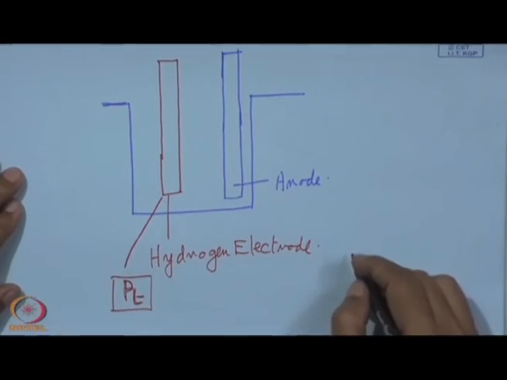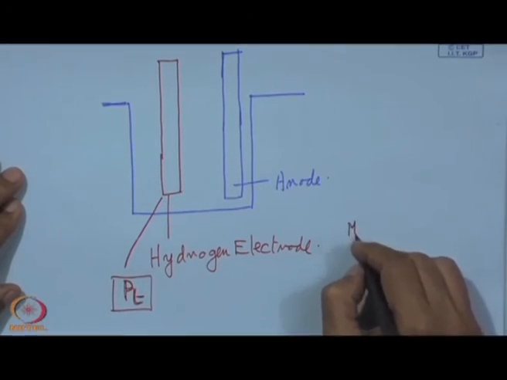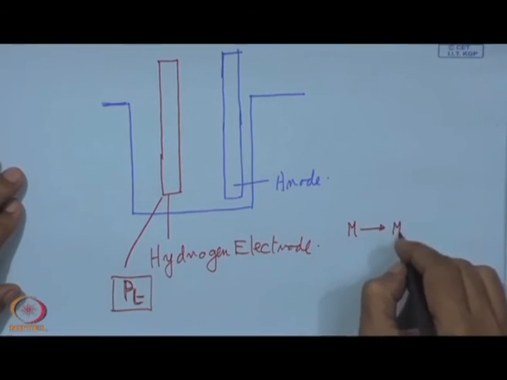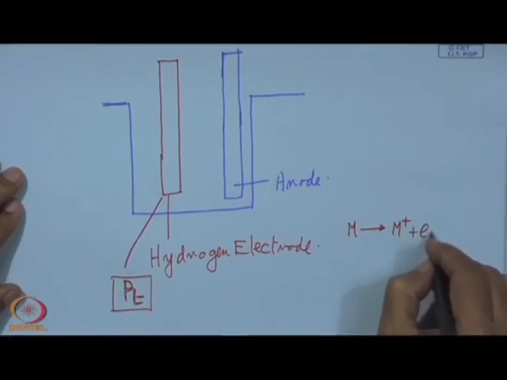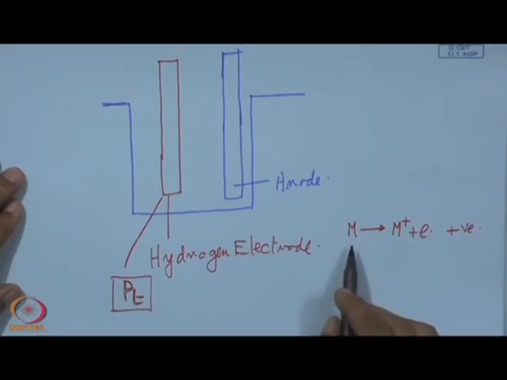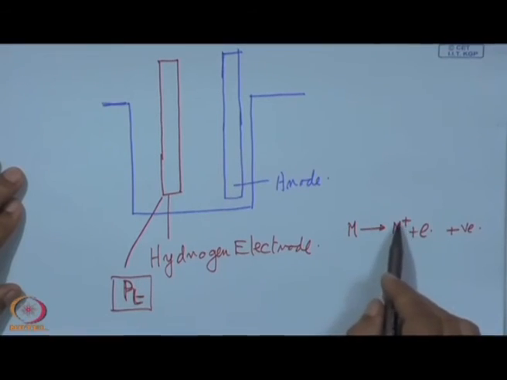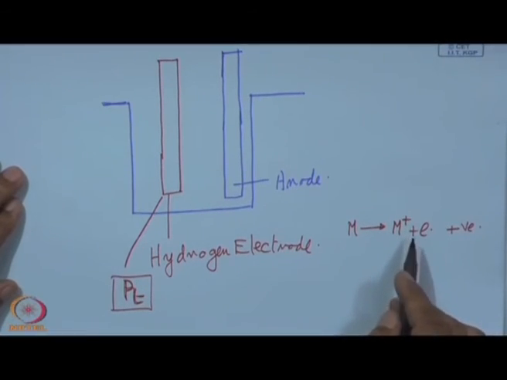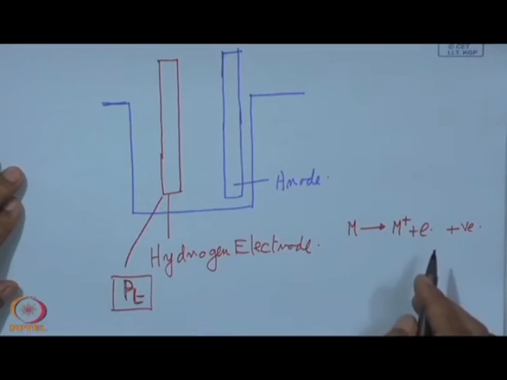If we see a metal with a change in electrochemical potential that is positive, it is anodic in nature, and it will easily release the electron.